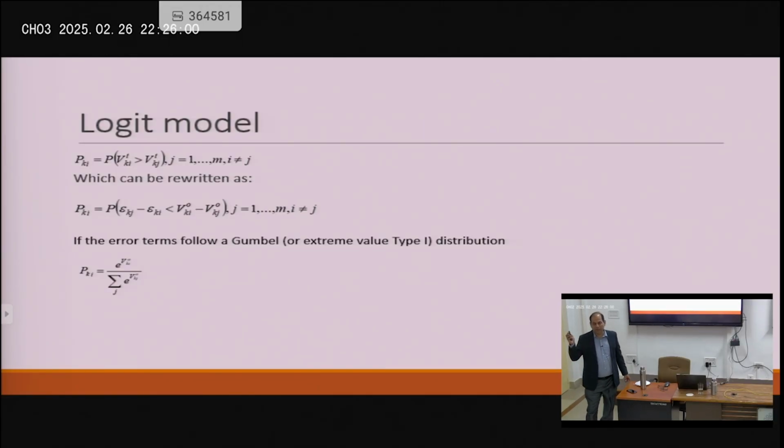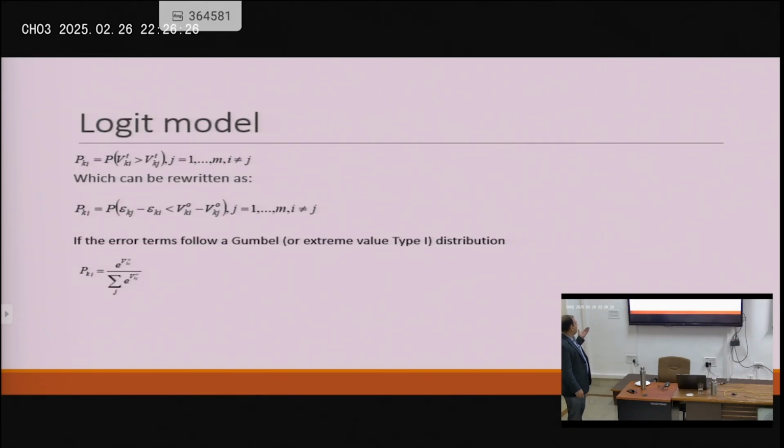This derivation is all over the place, so you don't have to write it here, but just follow along with me, and then make some assumptions on the error terms, right? If the error terms are independently and identically distributed with a Gumbel distribution, a certain type of distribution, then the probability that somebody will buy the ith product is e to the V_i over the sum of e to the values for all the competing products, okay?